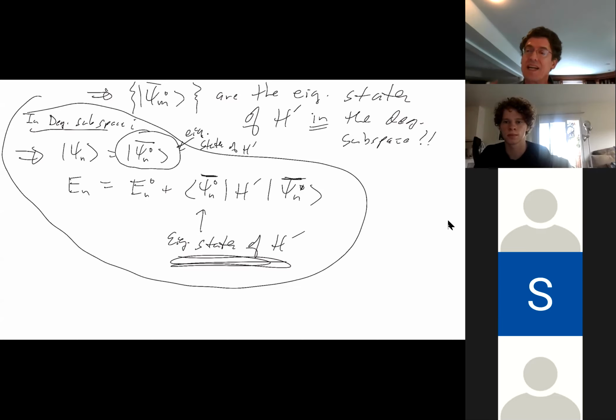Now it works, and I only go to first order. The point is I have to use my new eigenstates, and I just use the first-order result of the perturbation expansion, and it's okay because the other terms are not infinity. And that's degenerate perturbation theory.